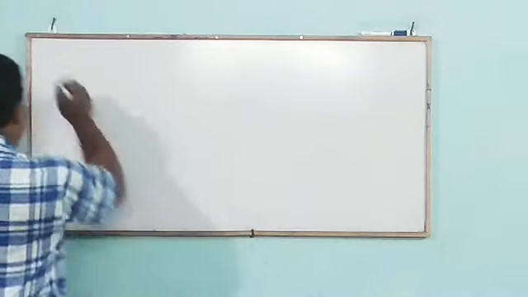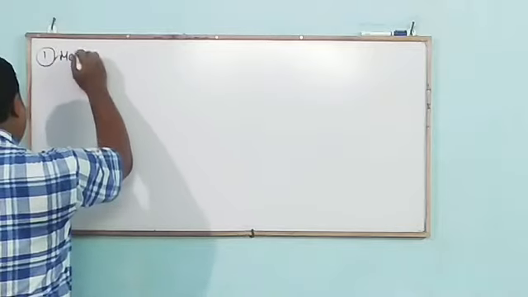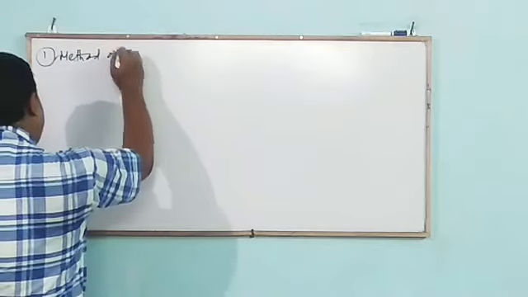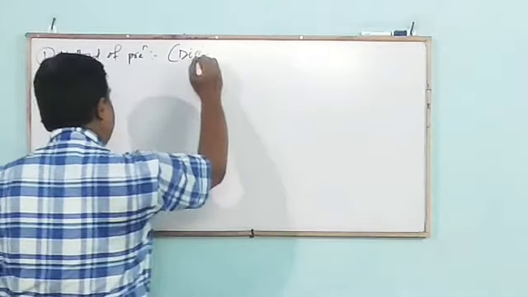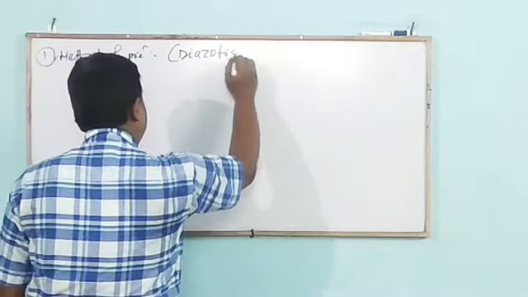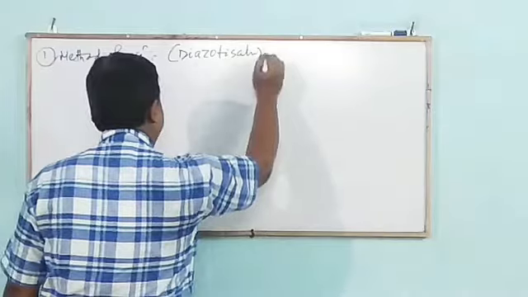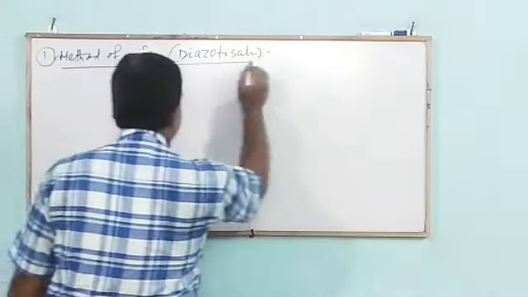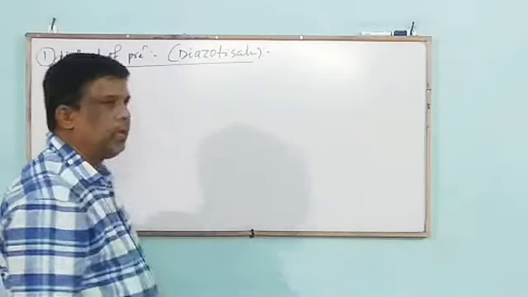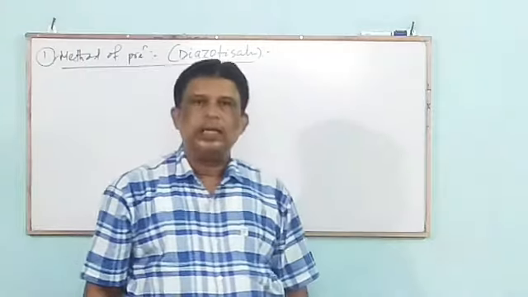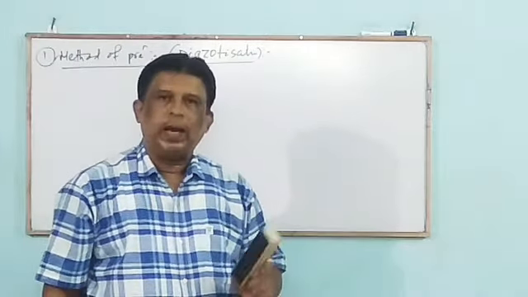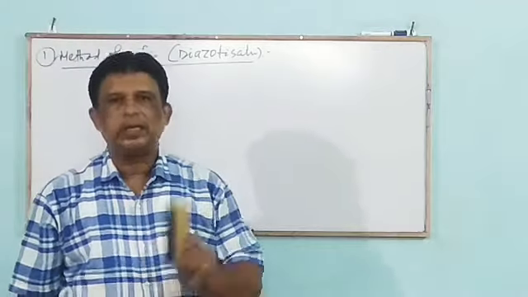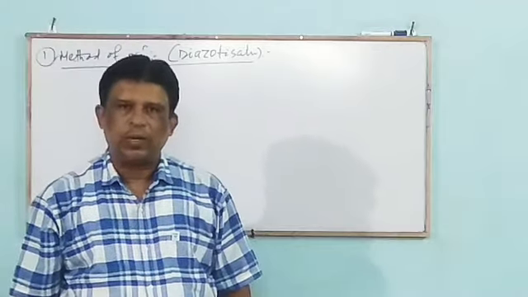Mark that. Method of preparation, that is known as diazotization. I repeat again. What do you mean by diazotization? The process in which benzene diazonium chloride is prepared from aniline by reaction with nitrous acid at ice cold temperature.